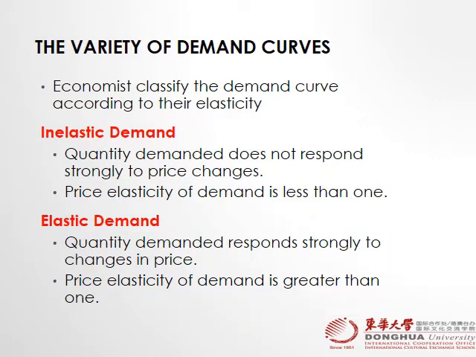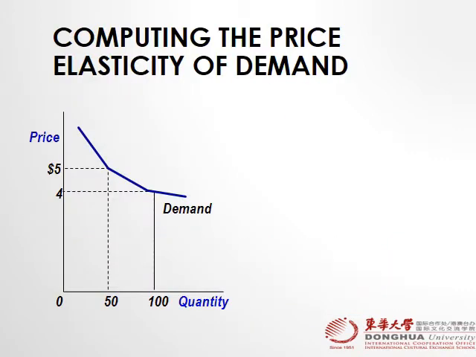Okay, so computing the elasticity of demand through a graph. You can see that if we increase the price from 4 to 5, the demand is going to decrease from 100 to 50. So how can we say whether this is elastic or inelastic? Just find out the percentage change.